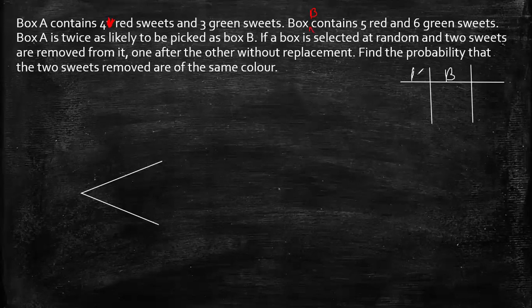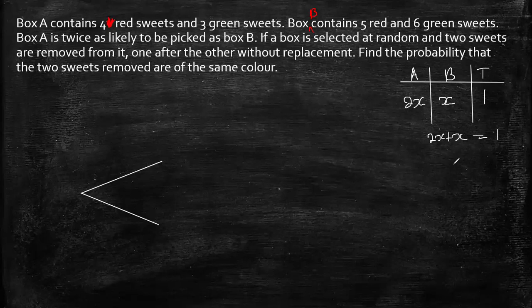So we are likely to pick A 2 times before we pick B. So we let the probability of B be X and that of A now becomes 2X, and the total probability gives us 1. So we add 2X plus X is equal to 1.